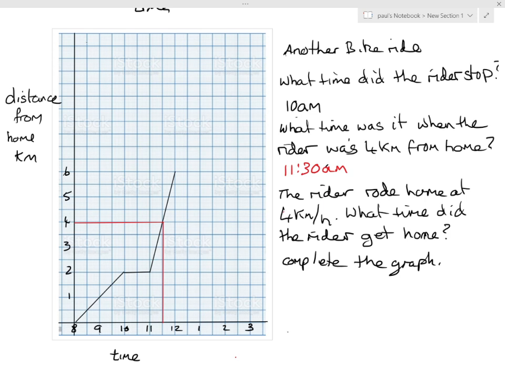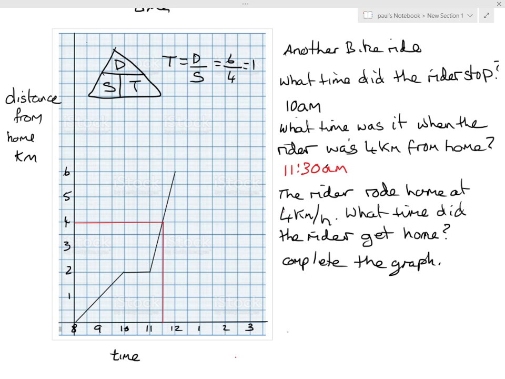Right. So we need our little triangle to work stuff out like this. So we're looking for the time, aren't we? The time is equal to the distance divided by the speed. The distance from where he is at the end of the line to home is 6 kilometers, and the speed he goes, we've been told it's 4.